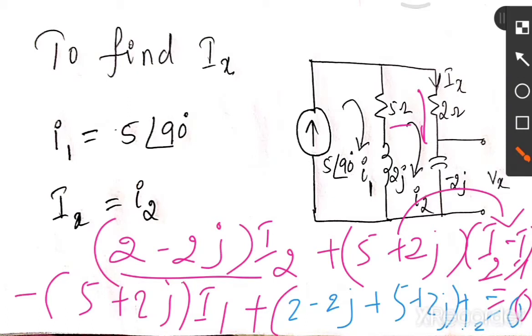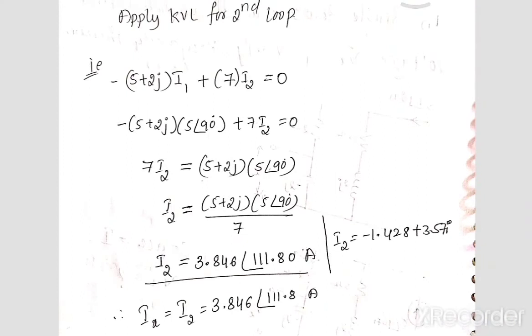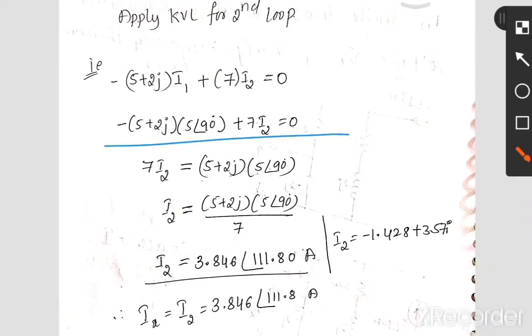Simplify this. The minus 2j and plus 2j get cancelled. So this simplified equation will be minus 5 plus 2j of I1, plus 7 I2 equal to 0.